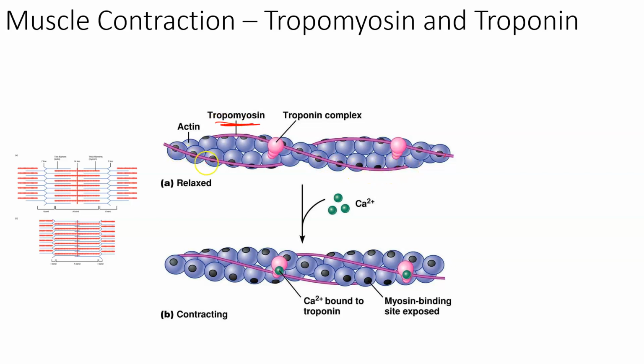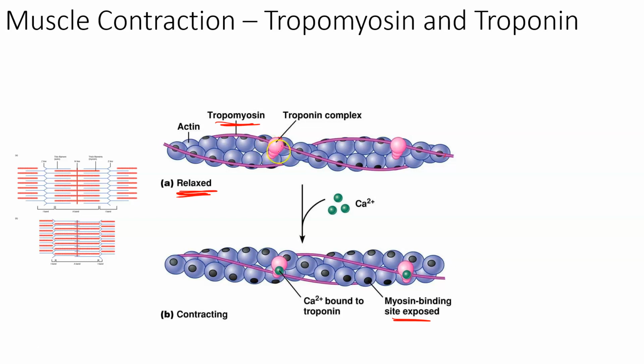The purpose of the tropomyosin is to completely block these myosin head binding sites so that the myosin doesn't bond to them and therefore keeps the muscle relaxed. Because if you don't bind the myosin heads to the myosin binding sites, you can't contract the muscle and it stays relaxed.